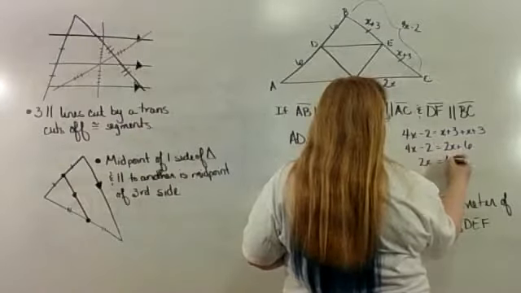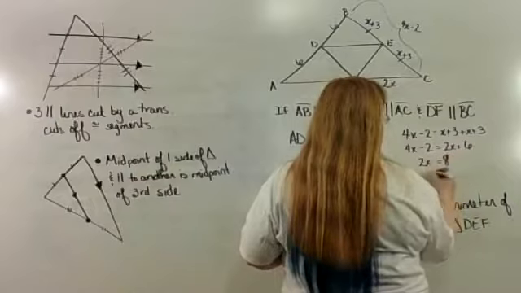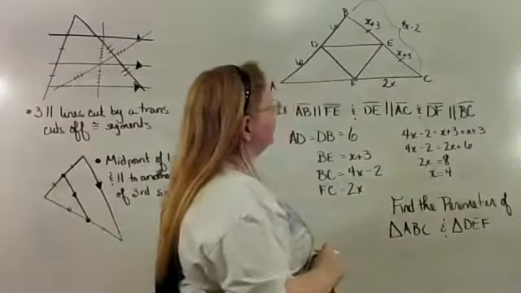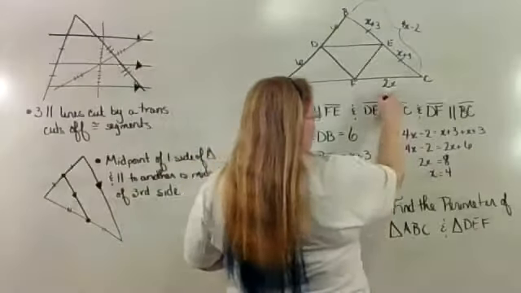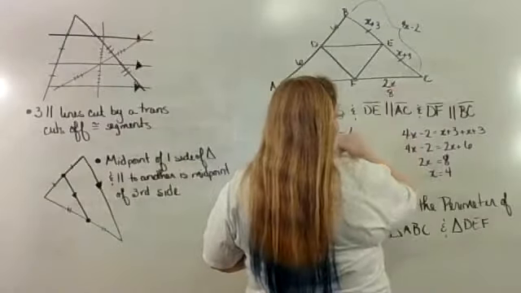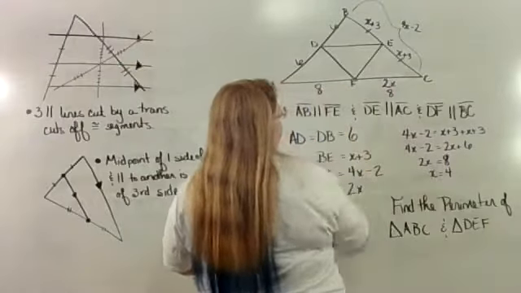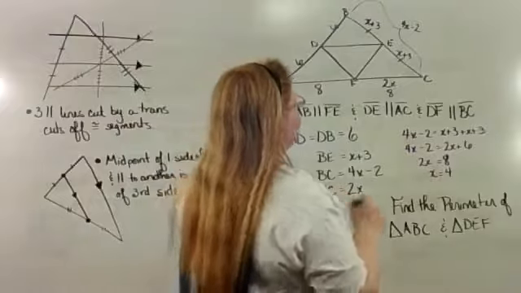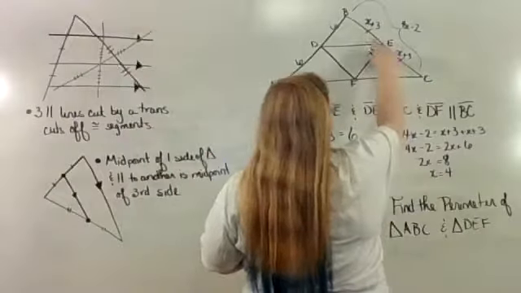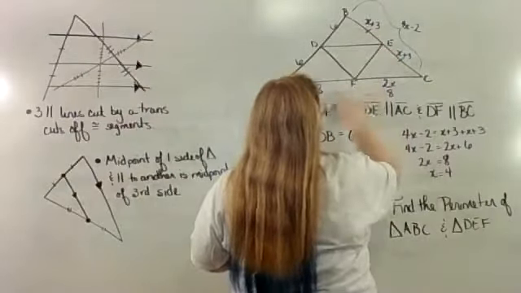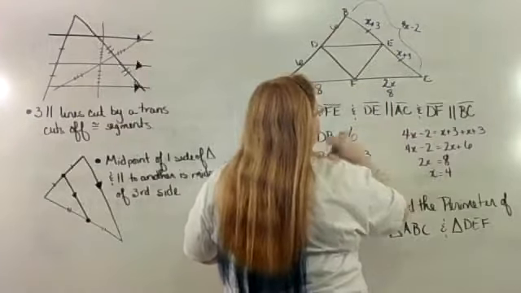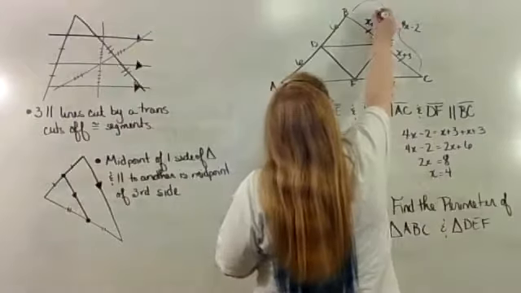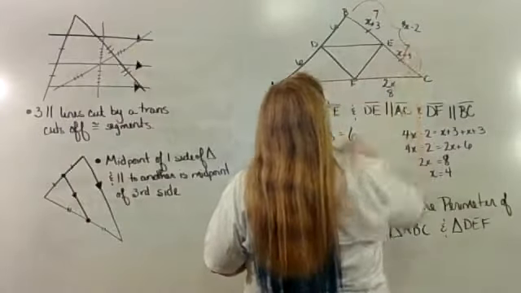Moving my 2 over leaves me with 8 on that side, so x is equal to 4. Which means this side must really be 8, which makes this one 8. Because if these are congruent and that's parallel, that means that those have to be congruent. So if this is 8 and 8, this side up here must be 7 and 7.